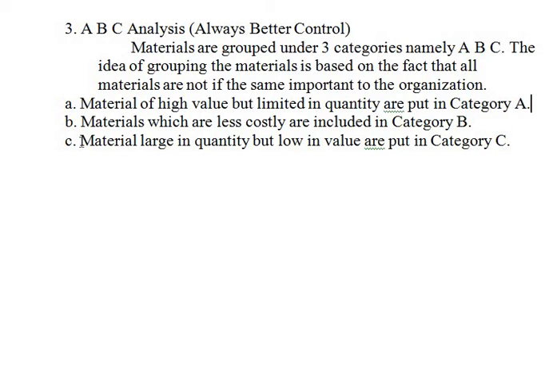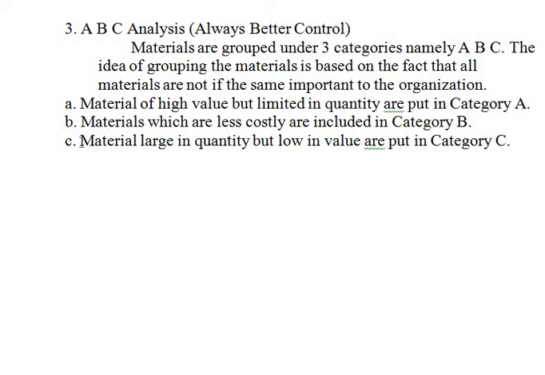So they will be put under one category, that is category A. Okay. Now, second point is materials which are less costly are included in category B. Okay, the price of the materials is very less. Such will be grouped under B.